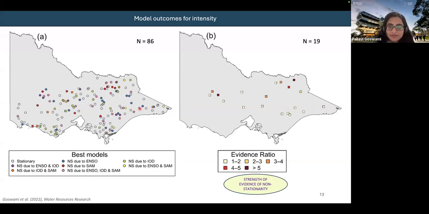Like I said, the evidence ratio is the strength of evidence for the non-stationary model with respect to the stationary model. So we want a higher evidence ratio to be really sure that there is a strong link of the different phases of the climate drivers with the drought flows being observed. That's for the intensity.